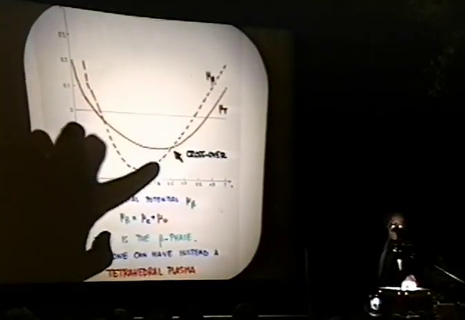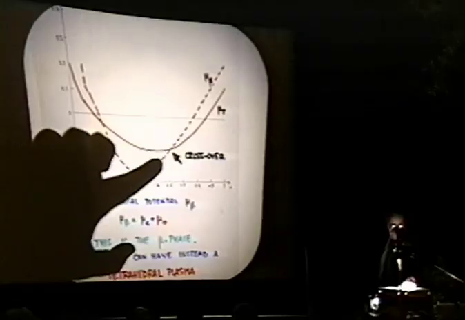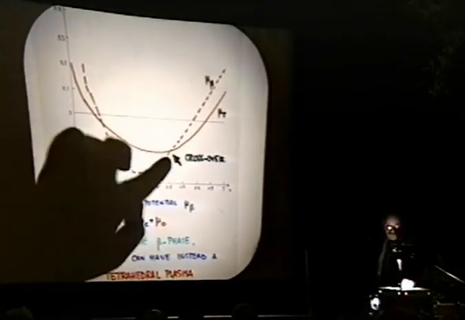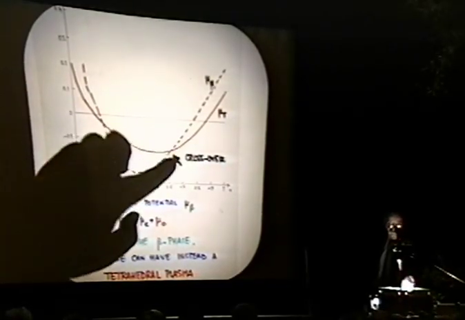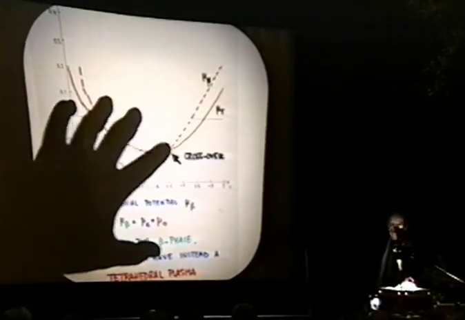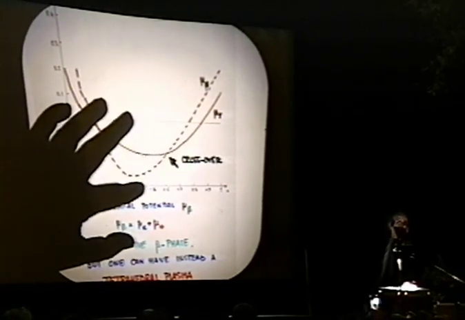In other words, up to 0.5 or 0.6, the minimization of the chemical potential is in the beta phase, but then around 0.6, 0.7, of course, this is not very precise, you have a crossover from one position to the other position, from one plasma to the other plasma.